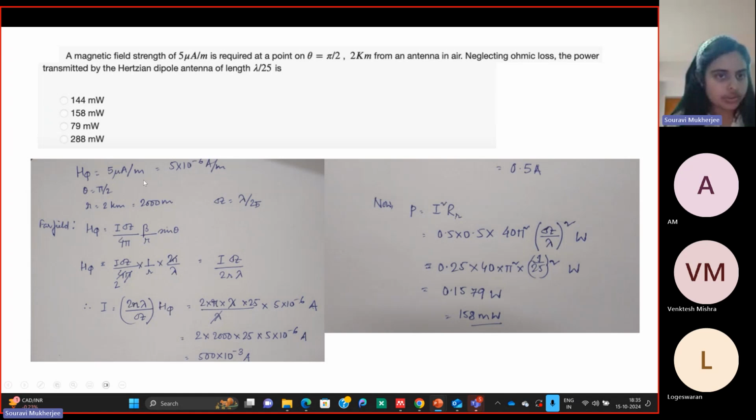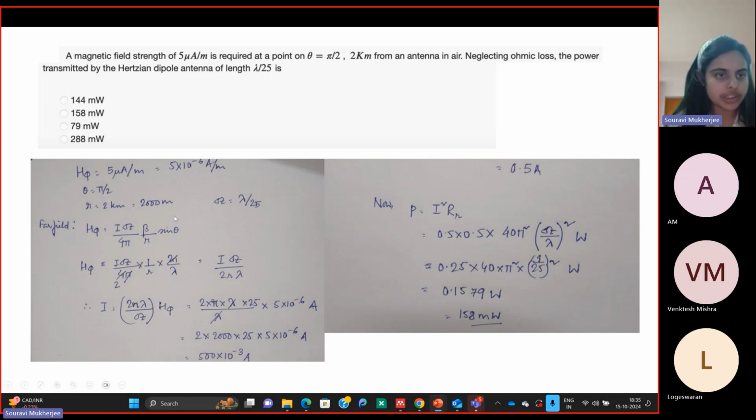Okay. So your delta Z is given as lambda by 25. So that means you can understand that we are in the far field regime. Your delta Z is much, much smaller than lambda by 2 pi, right? Lambda is given by this term here. It's much smaller than lambda by 6.